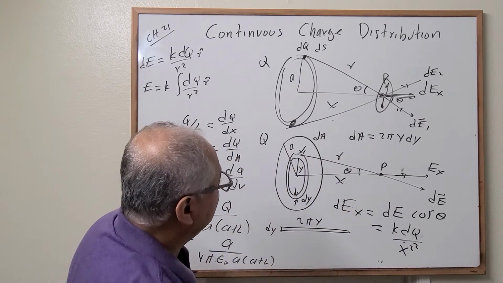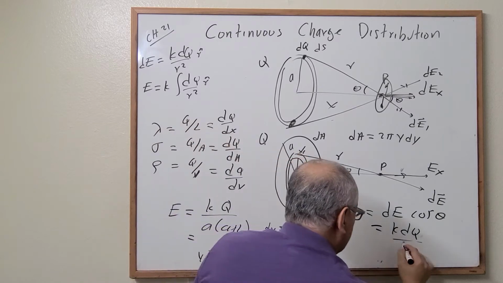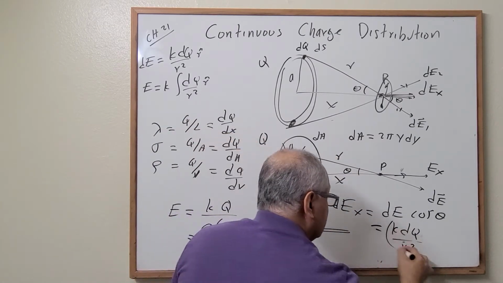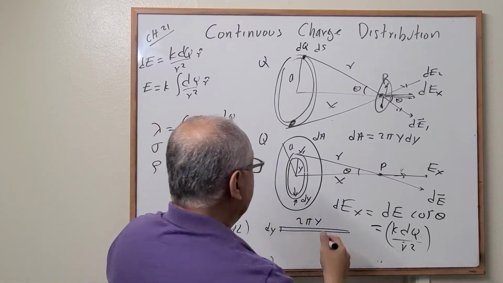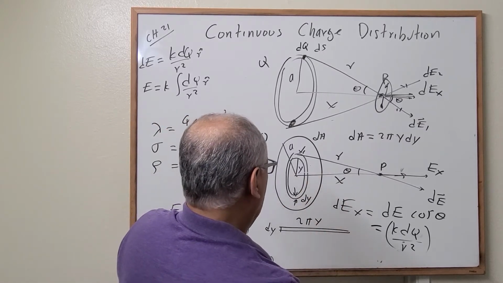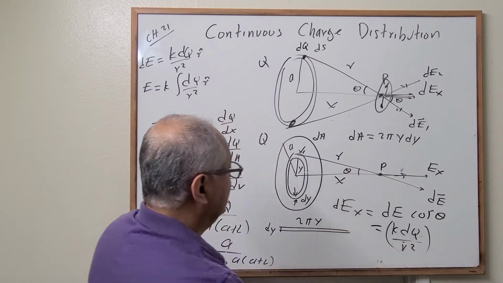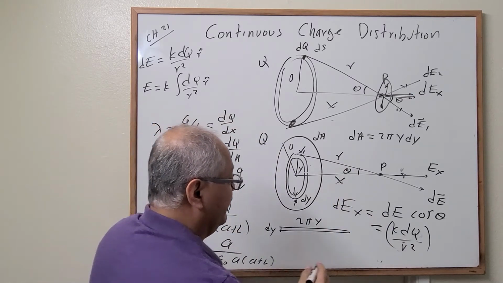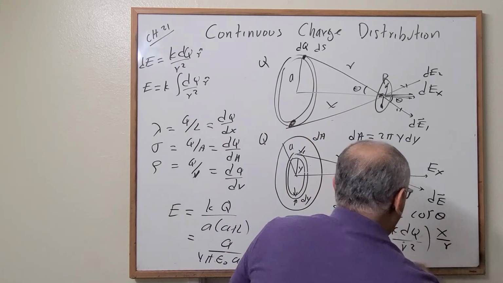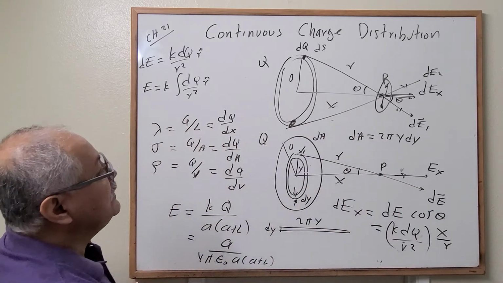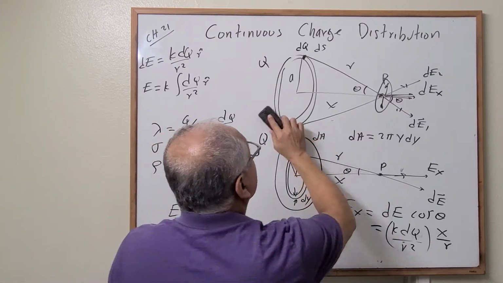Oh, well, no, it's not x, this is r, sorry. It's going to be r squared, times cosine. What is cosine? One more time, cosine is, that's not y, it's x over r. Great. Now let's continue. Now let me erase this part.